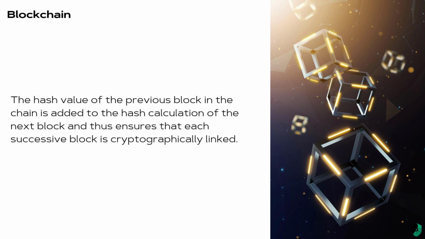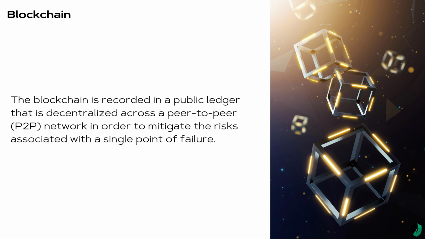That's why it's called a blockchain. And of course, the blockchain is recorded in a public ledger that will be decentralized across a peer-to-peer or a P2P network in order to mitigate the risks associated with a single point of failure.